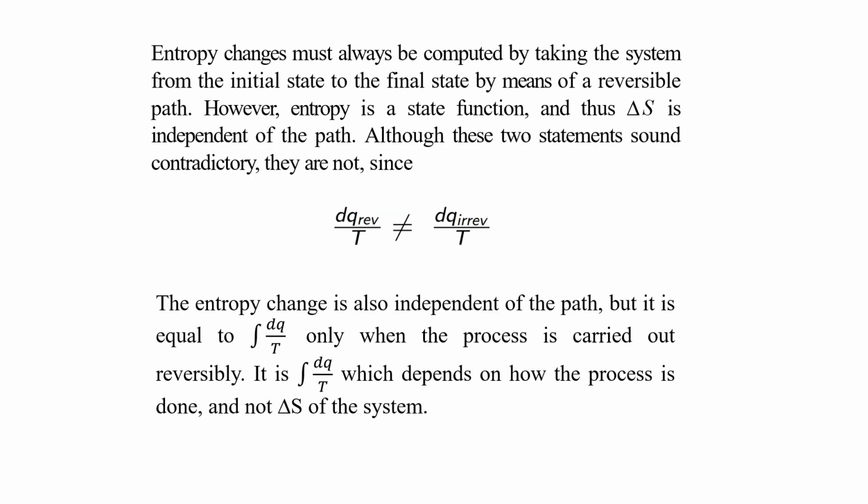So entropy changes must always be computed by taking the system from the initial to the final state by means of a reversible path. However, entropy is a state function, and thus delta S is independent of the path.